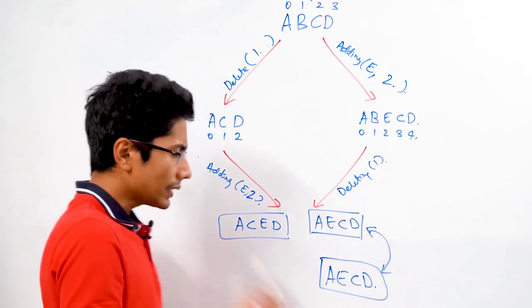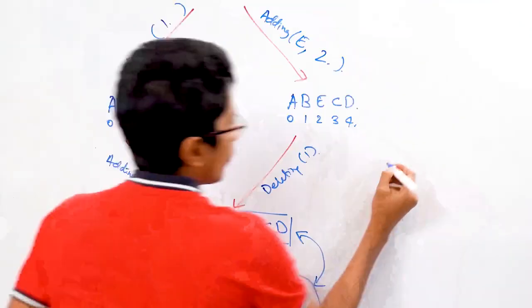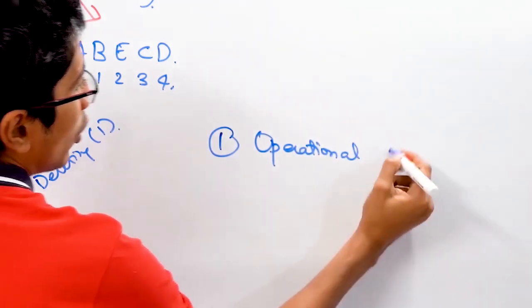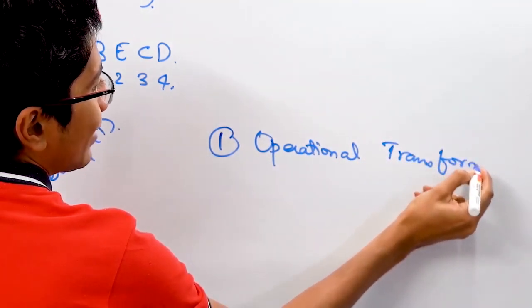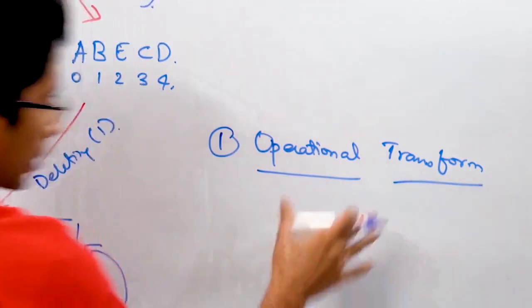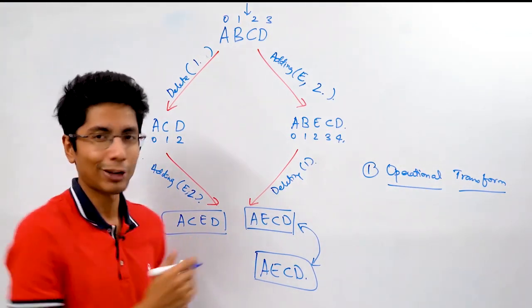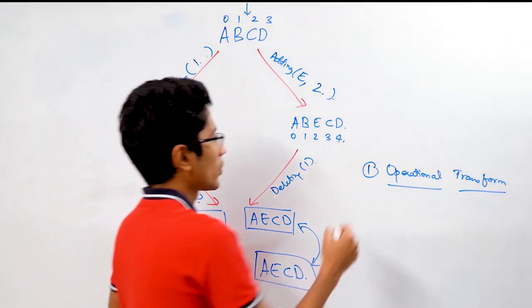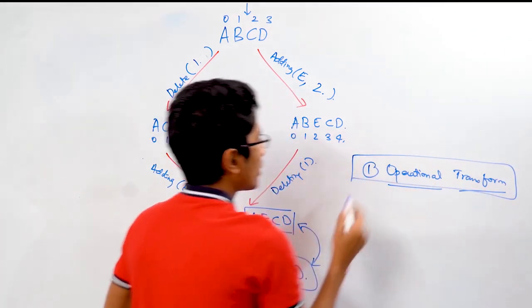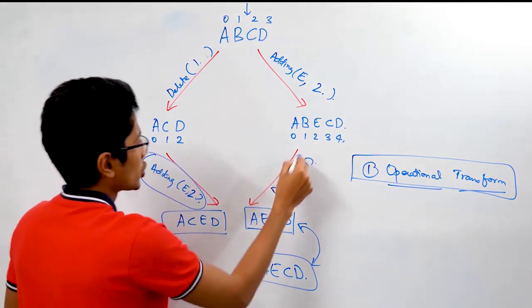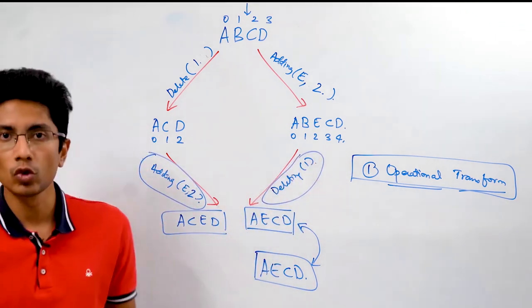So taking all that into consideration, there's a very famous algorithm which is also equally complex called operational transform, and this is most likely what is running at the heart of the Google Docs reconciliation algorithm. Operational transform is something which gives us an operation over here, an operation over here, and the inverses of those two operations.